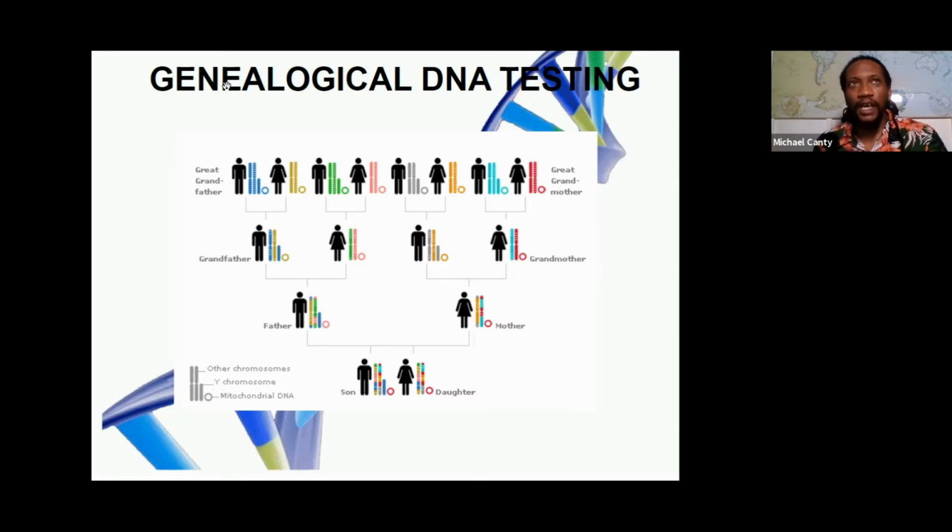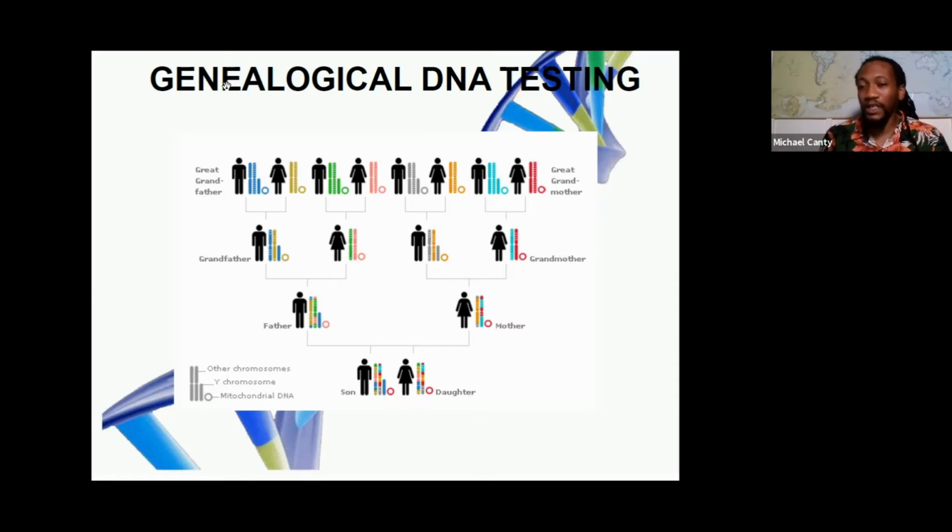I always like to use the metaphor of 100 pennies in a box. You shake that box up and you count the heads and tails. You would assume 50 heads and 50 tails, but that's not always the case. You're going to get 64 heads and 36 tails, or the other way.